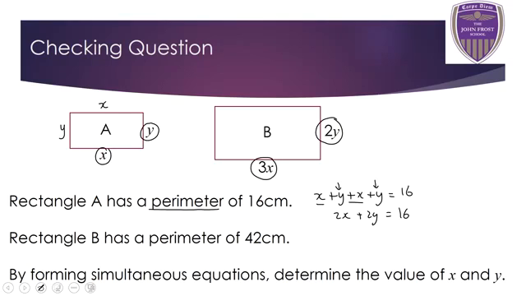Now pause the video and have a look to see if you can get an expression for shape B. Okay, welcome back. You should have an expression on shape B of 6x plus 4y equal to 42. Okay, now we have got two simultaneous equations here, number 1 and number 2, which we can use to solve and find the values of x and y.